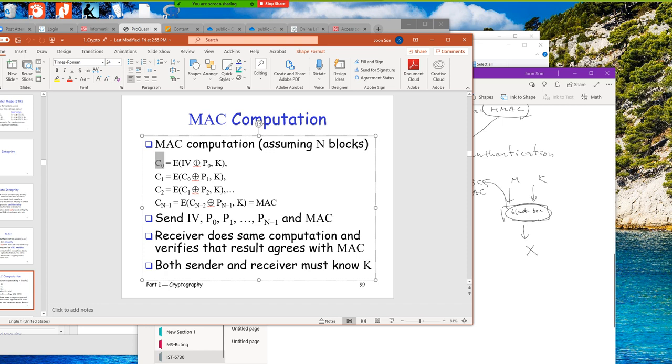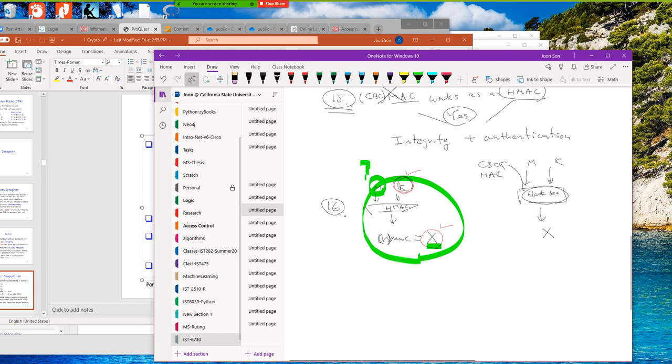For example, if you use CBC mode, there are equations like this that work as a reverse. P1 is equal to D, meaning decryption.